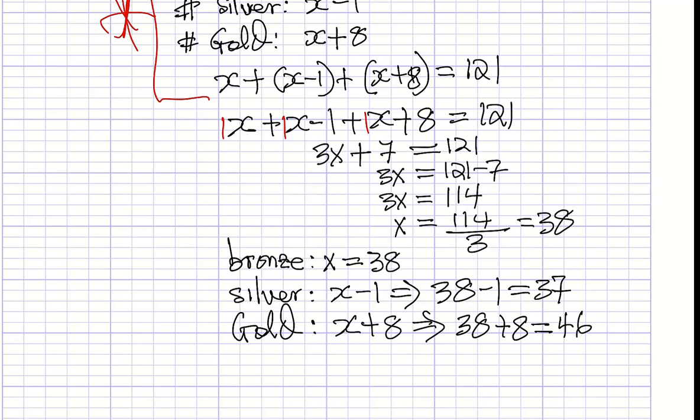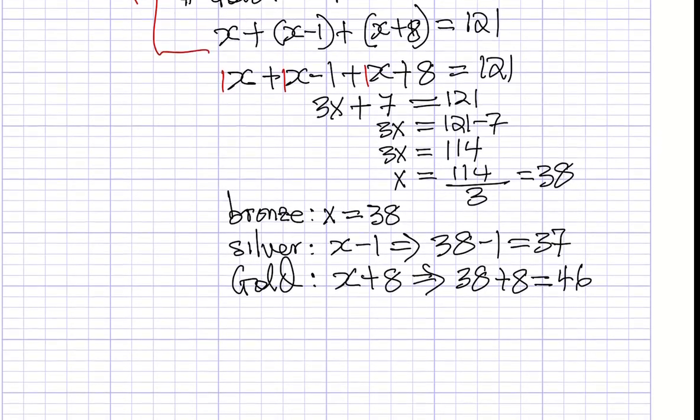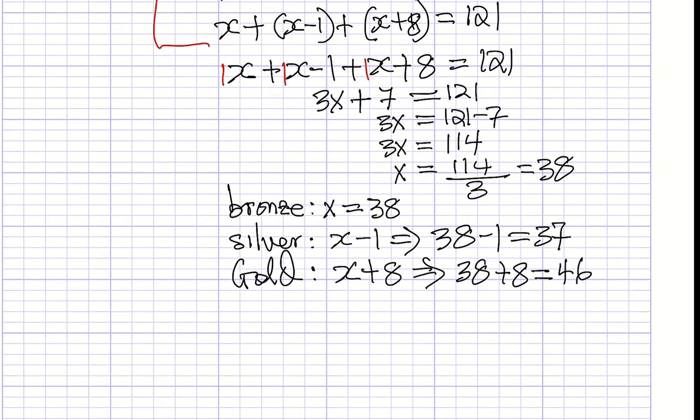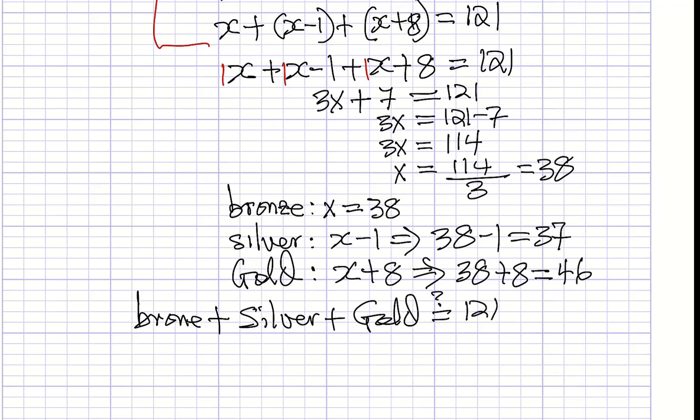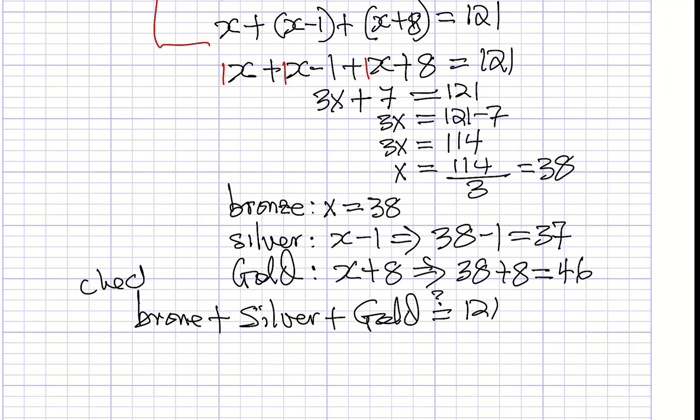Now, the best way to check is to see if all those add up to 121. So you add bronze plus silver plus gold. Do they add to 121? That's how you check it. Bronze is 38 plus silver is 37 plus gold is 46.